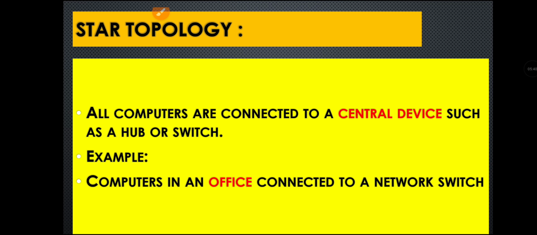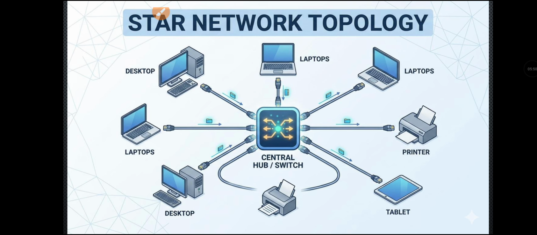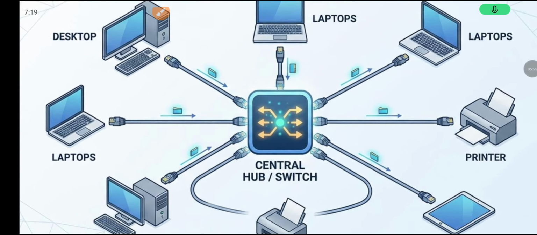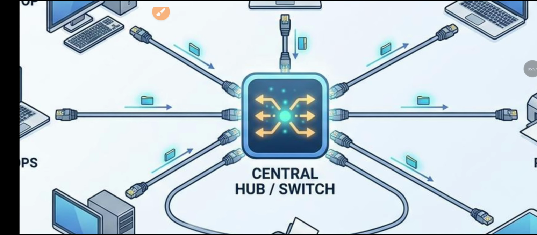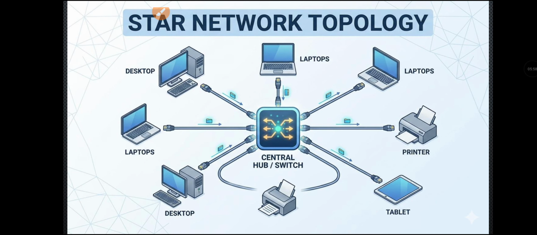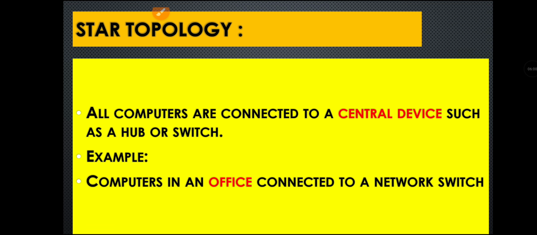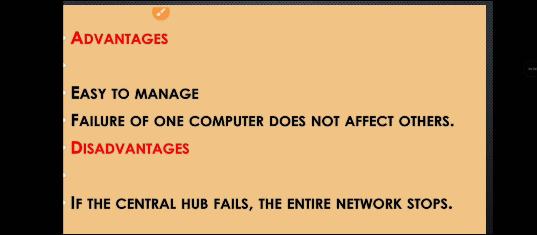So what is the meaning of star topology? My dear students, here all computers are connected to a central device such as a hub or switch. Just look at the screen here. Here all computers are connected to a central hub, central switch. That is the main feature of this type of topology, that is star topology. Example, computers in an office connected to a network switch.